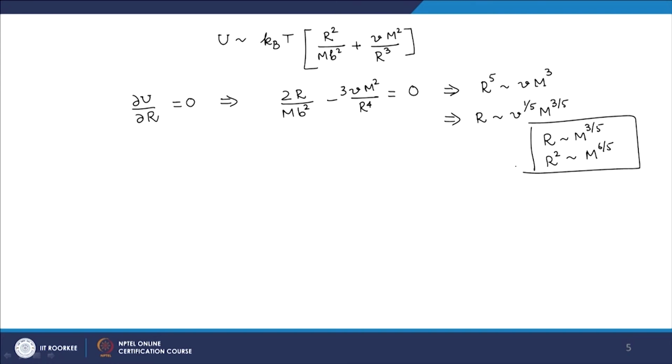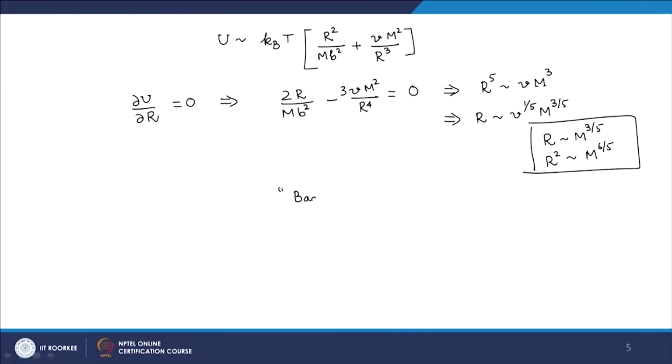Now, let us see how things work out for the bad solvent case. Okay. So, for the bad solvent case, now the V is actually less than 0. Now in this case you can see that the V to the power 1 by 5 will give you an imaginary answer, and that is where you can find that the R cannot be imaginary because the size has to be a real number.